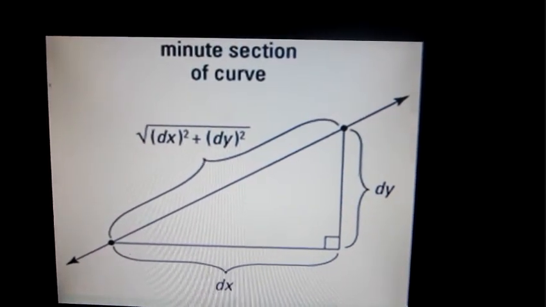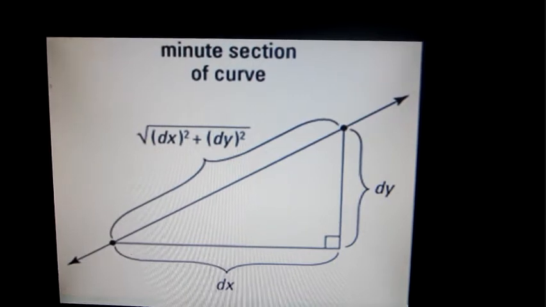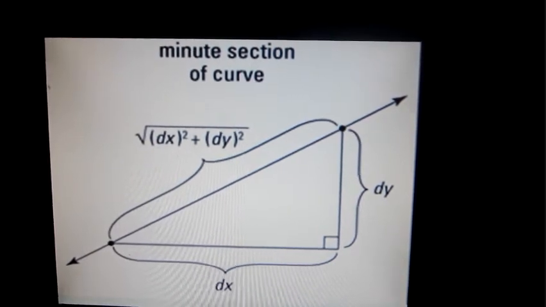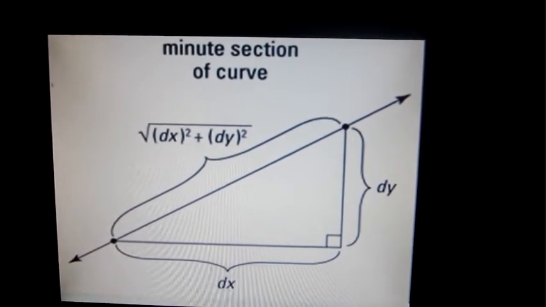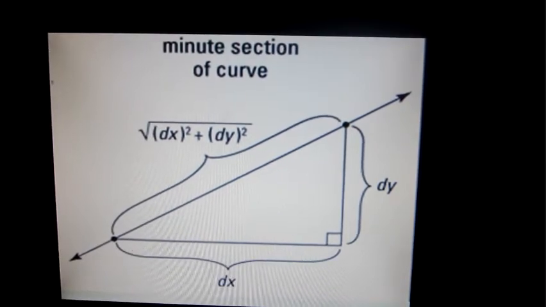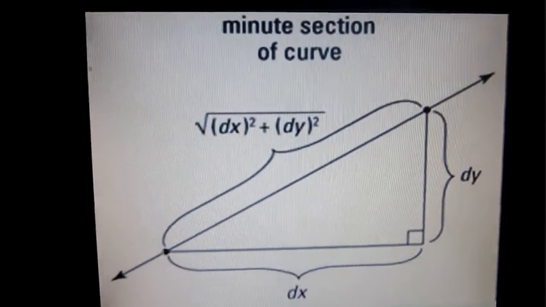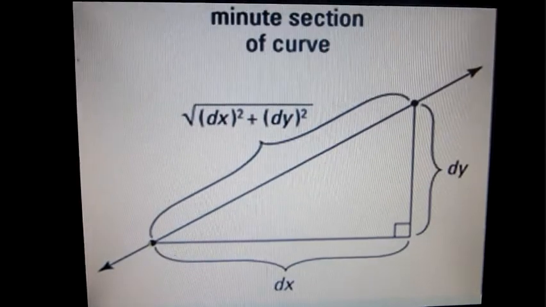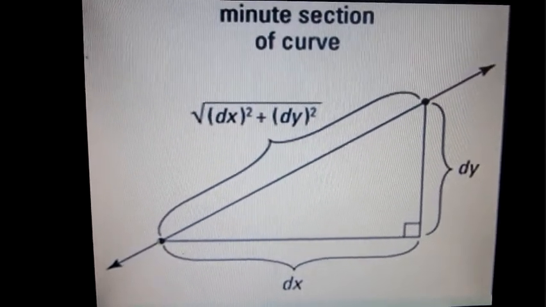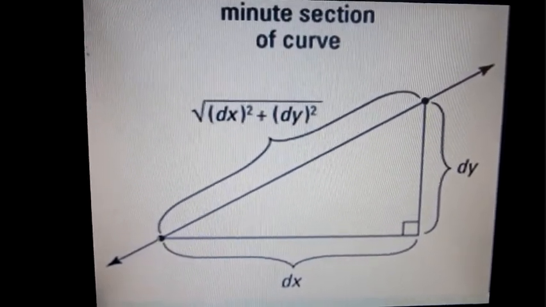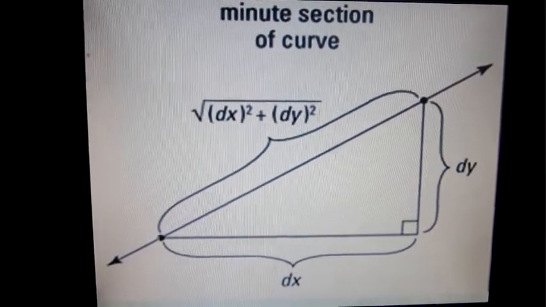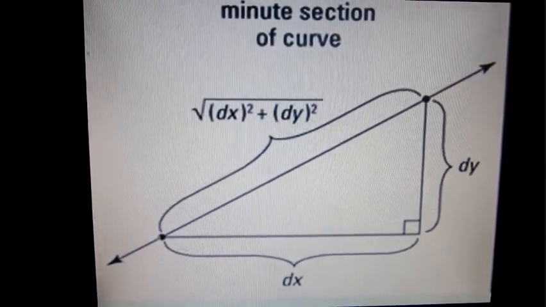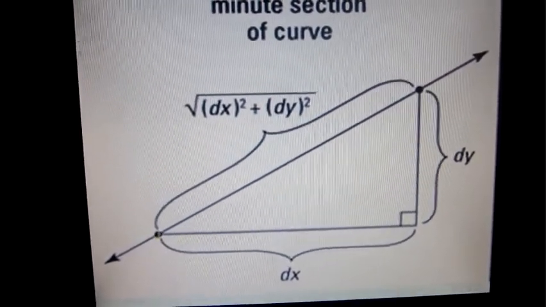That's why, when this process of adding up smaller and smaller sections is taken to the limit, you get the precise length of the curve. So, all you have to do is to add up all the hypotenuses along the curve between your start and finish points.